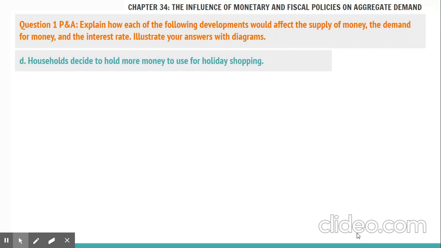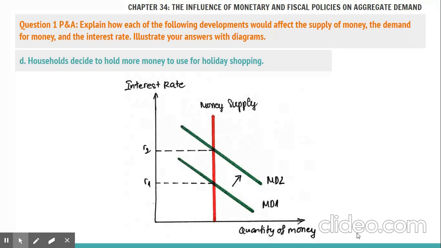D, households decide to hold more money to use for holiday shopping. As you can see in the diagram, the money demand curve will shift to the right, from MD1 to MD2, and it will result in a rise in the interest rates.